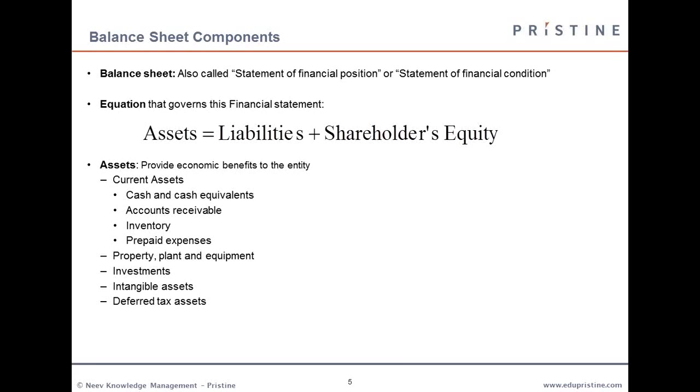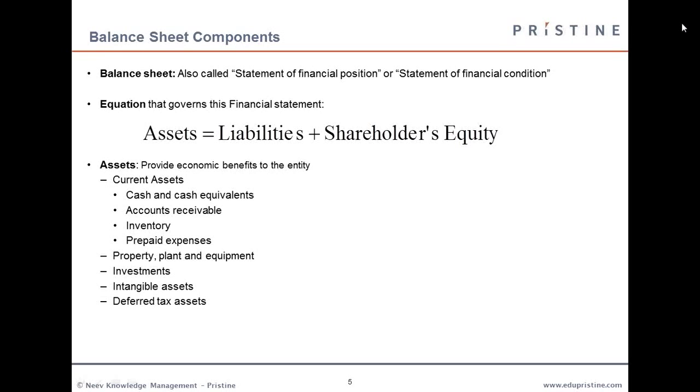Current assets are the ones which have a life of less than 1 year, like they are liquid enough to generate cash at any time. For example, inventory, cash and cash equivalents, all these come under current assets because they can be readily converted to cash.